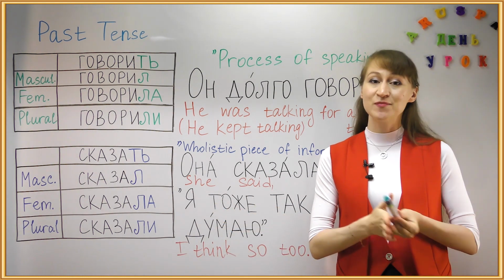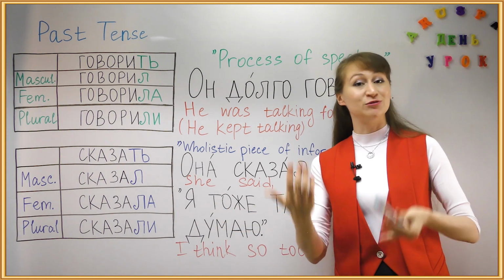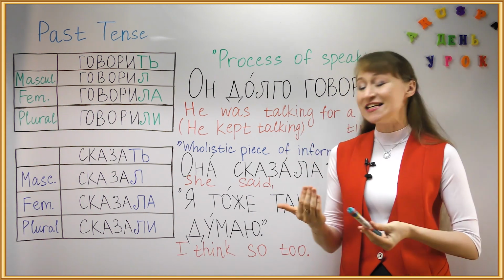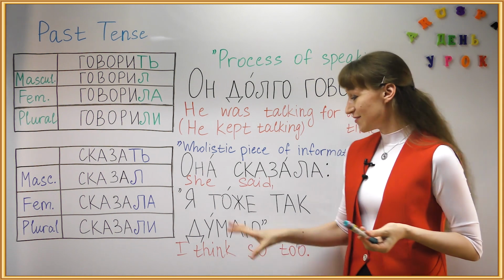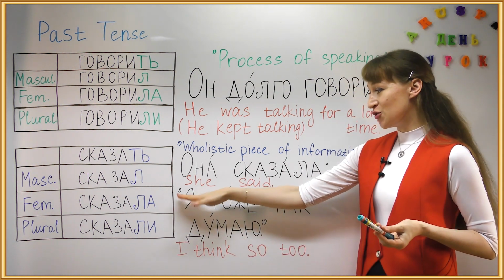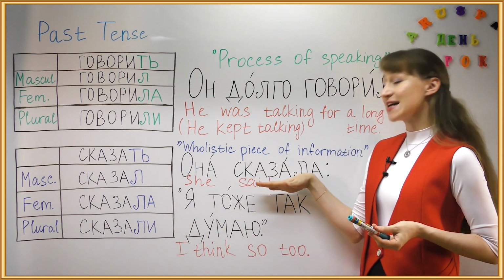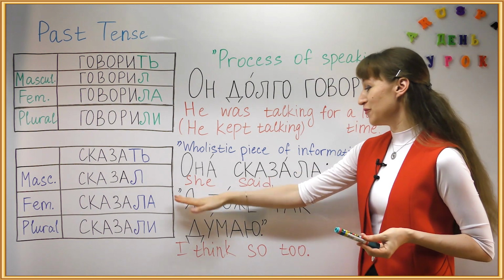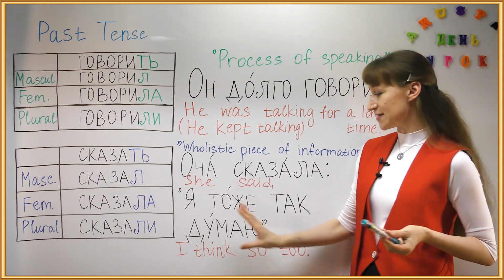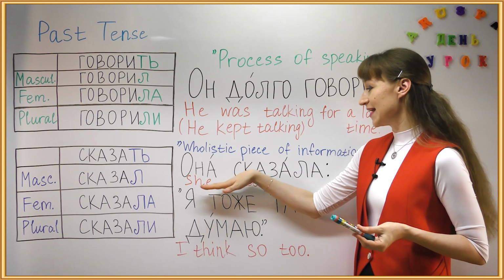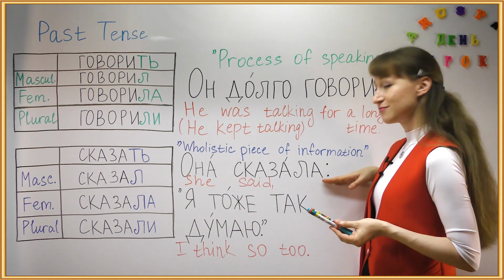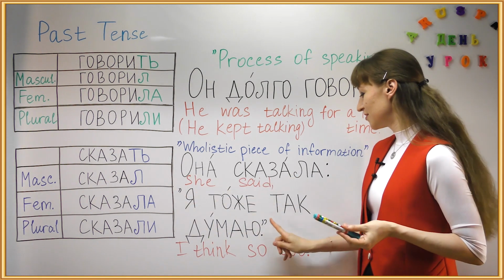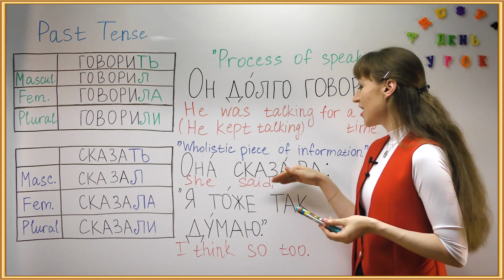So every time you want to convey someone's ideas or to convey the exact words that they said, you put the verb сказать here before the actual words. And it goes like this. Она сказала, colon and quotation marks.